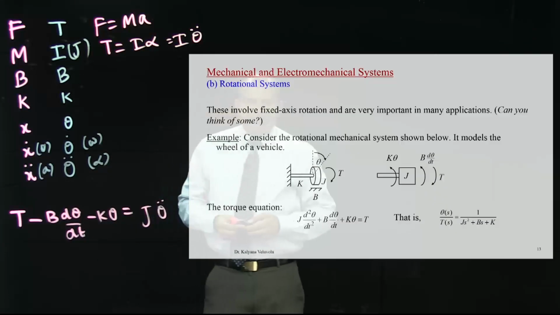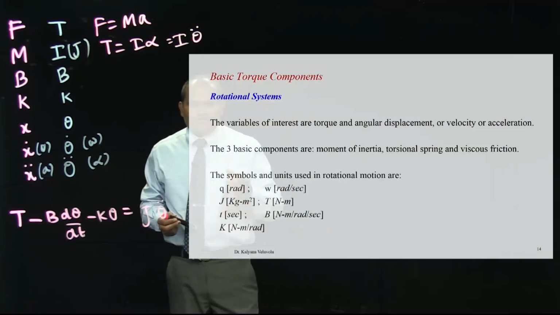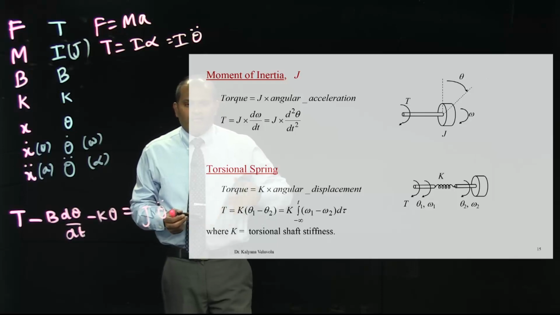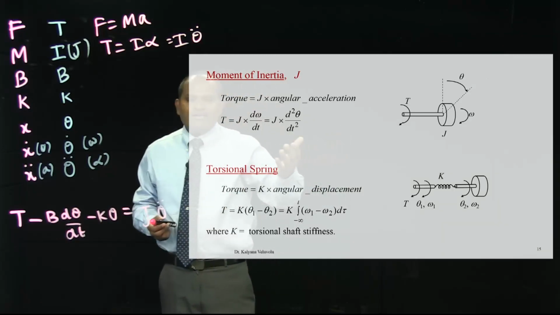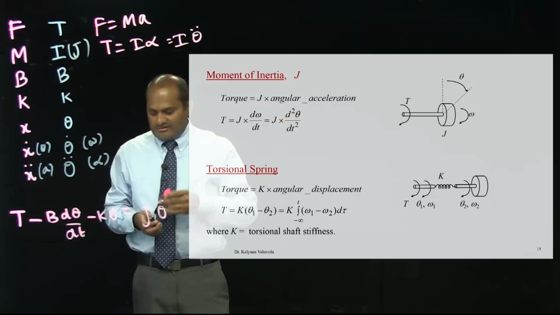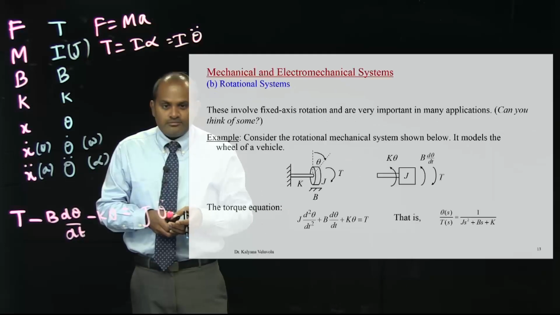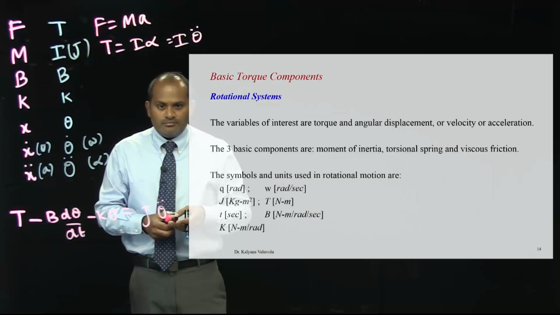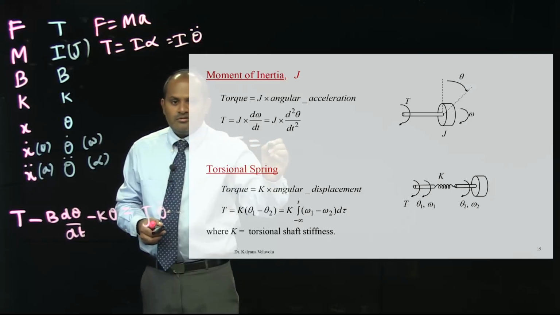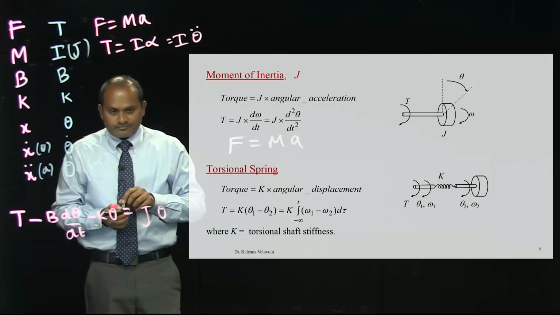Now, we have three main components here: inertia, torsional spring and viscous friction. If you try to understand moment of inertia, it is like F is equal to ma.